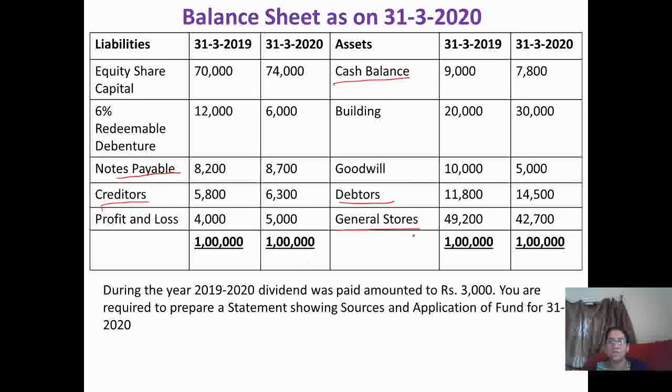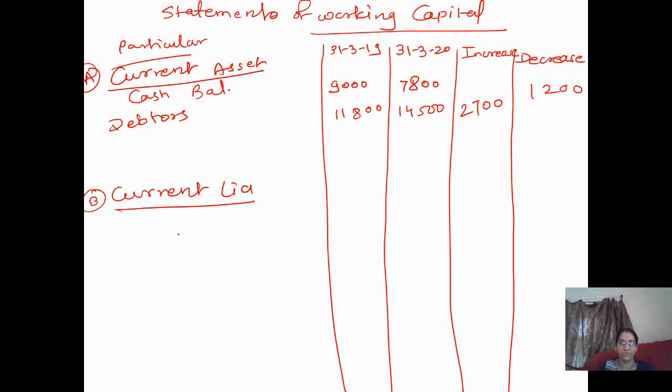our current asset was general stores, 49,200 and 42,700. The opening amount was 49,200 and the current year amount 42,700.